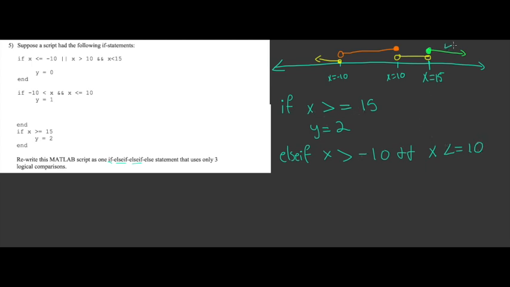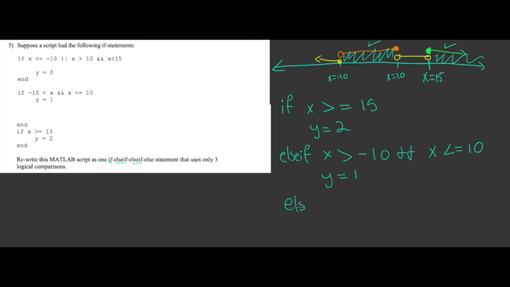Now we already got this one off and we got this one off. If we already covered all of this area and all of this area right here, that means the only area left is the area that we have not described, which is our first interval in our original statements. So we're just going to set y equals 1 here.